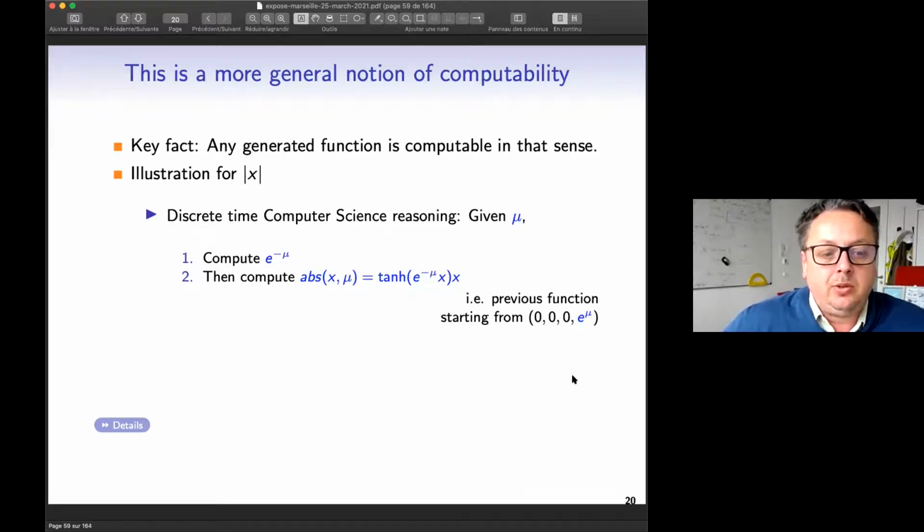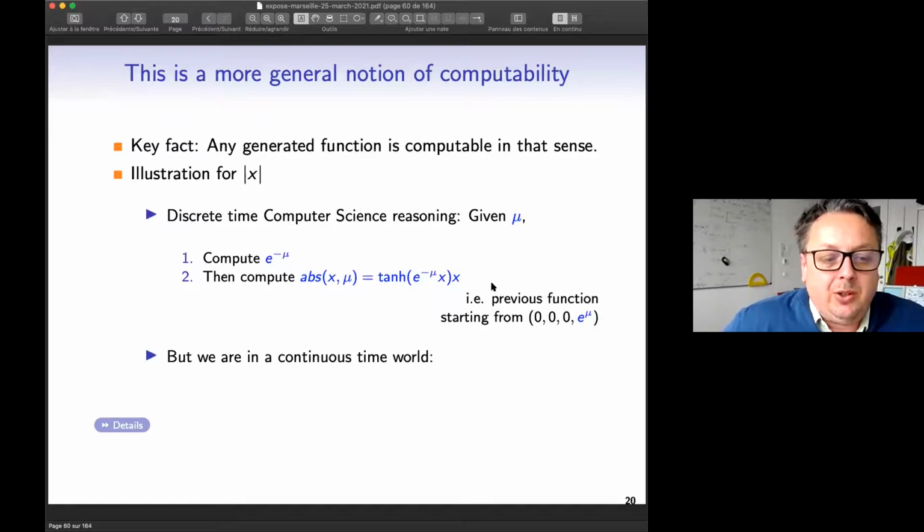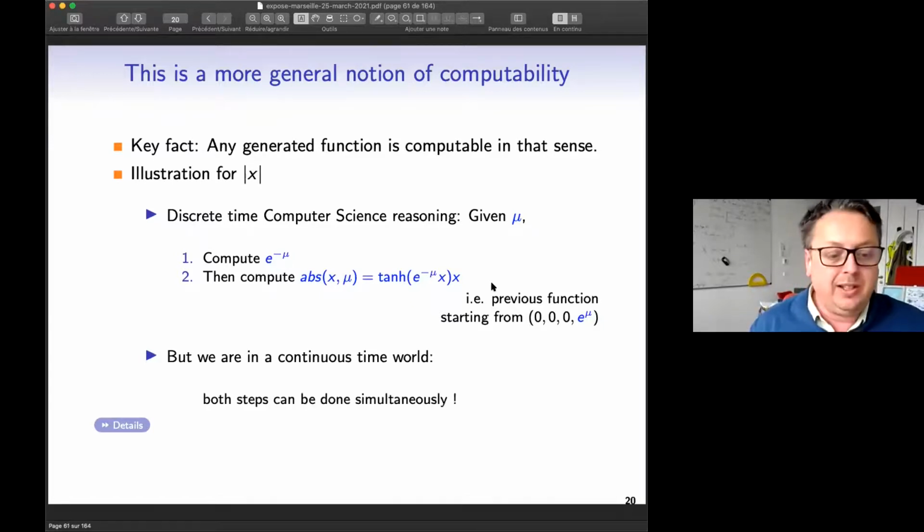You do step 1 and then step 2. You are in a context where the time is continuous, so you could do both continuously. Actually, you could compute simultaneously exponential minus mu and this. So you are in a world where you could do several steps in parallel. Analog programming is parallel by nature somehow.